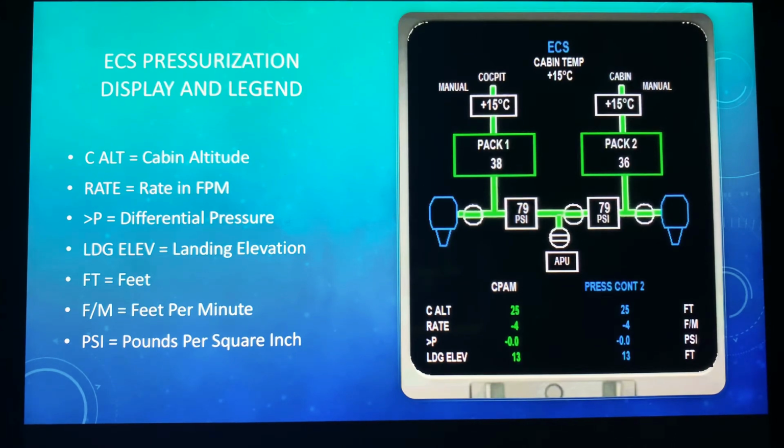Rate defines the rate in feet per minute. The delta P you have there is differential pressure, so it can indicate the differential pressure on this page. And then we have the landing elevation so that the pilots can verify that the correct landing elevation is set. And then the other miscellaneous, just feet per minute, and PSI, pounds per square inch.